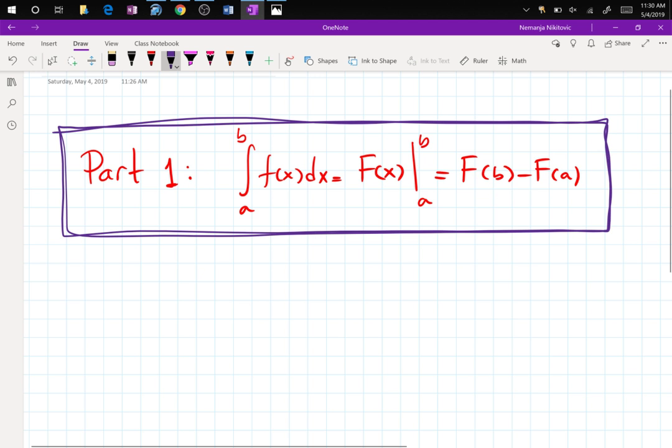So, if f of x is always larger or equal than 0, then area equals the definite integral.